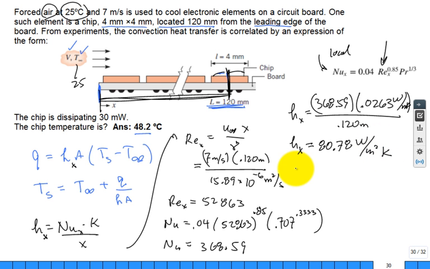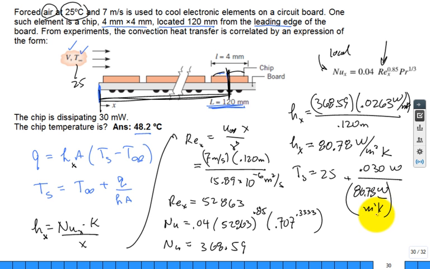Hence, we can calculate T_s is the 25 fluid temperature plus my 0.030 watts, 30 milliwatts, divided by 80.78 watts per meter squared Kelvin, and we have the area, which is 0.004 meters squared, and you get the final surface temperature around 48.